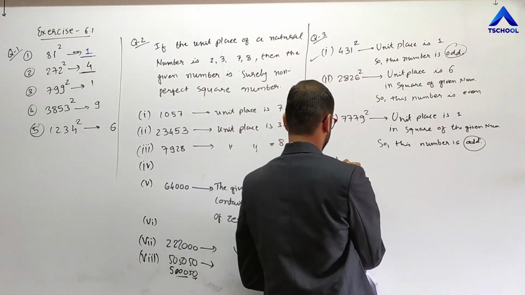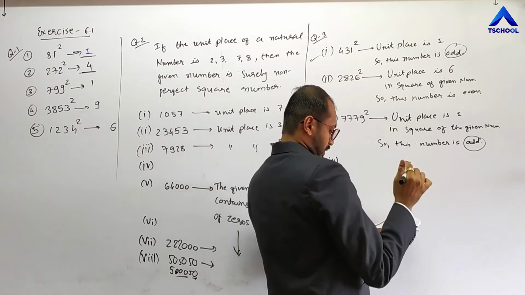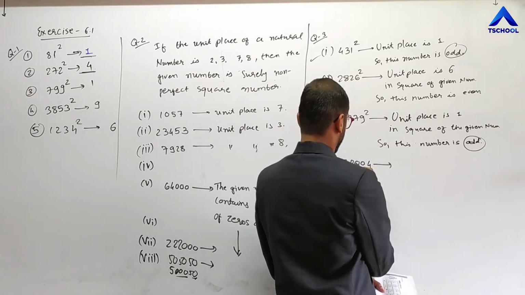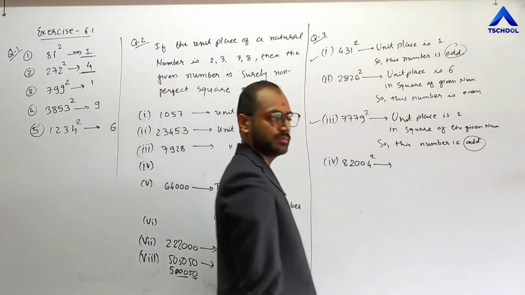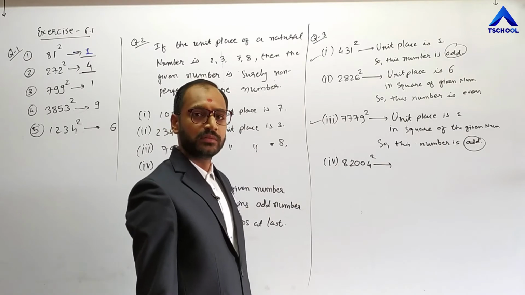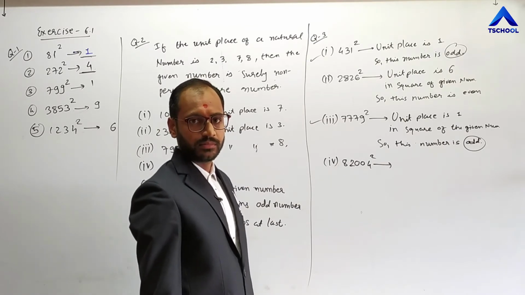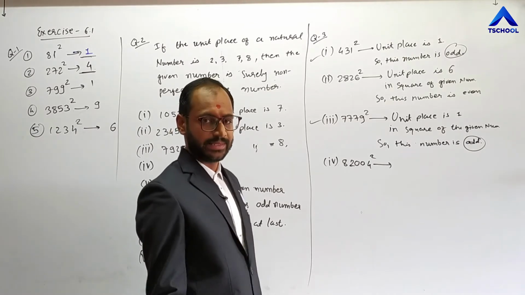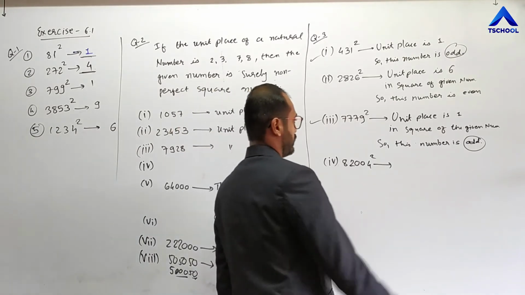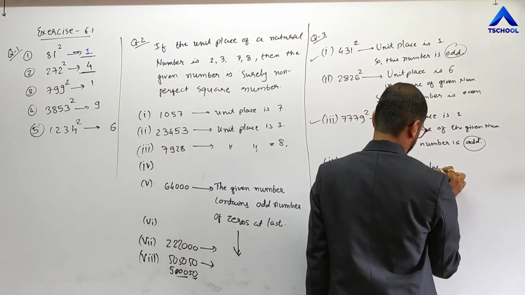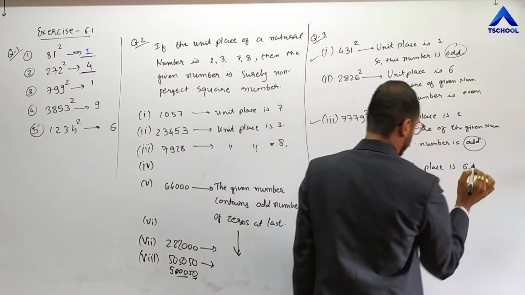The fourth one is 82004. What is the unit place of the square? 4 fours are 16, so the unit place is 6, and this number is even.